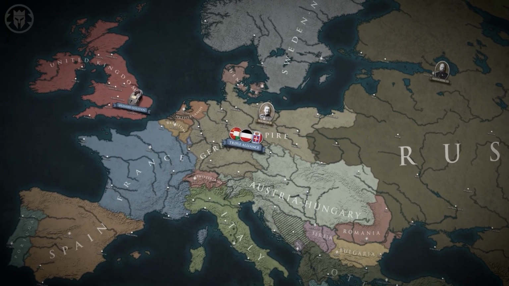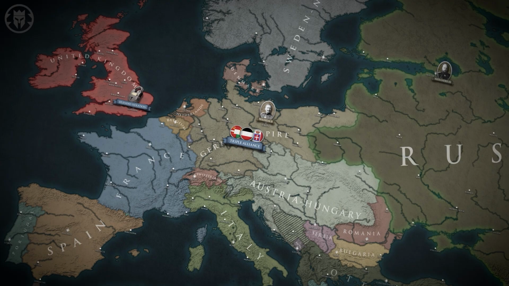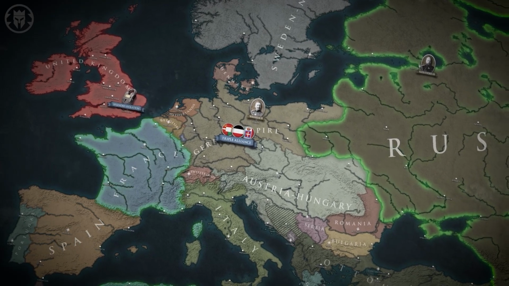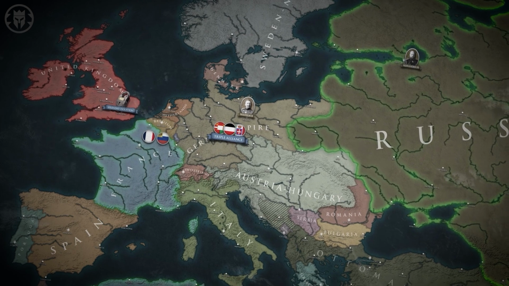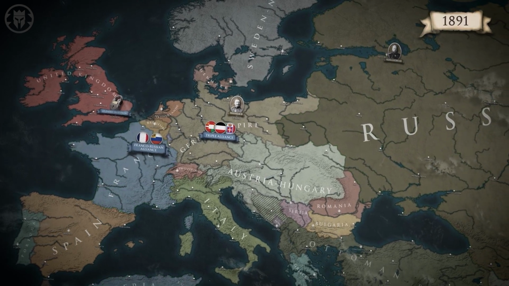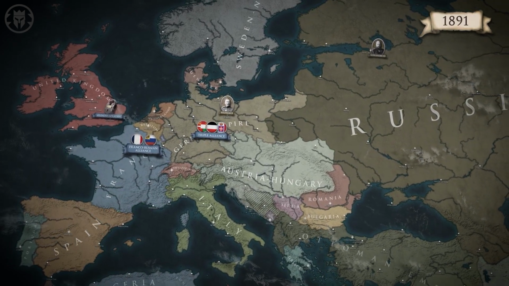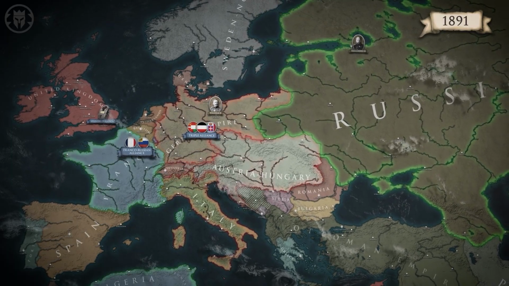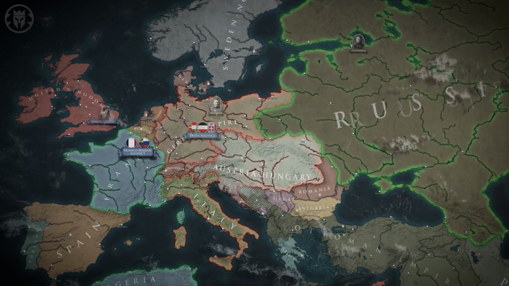Yet the rumor of Britain possibly joining the Triple Alliance concerned Russia, who began talks with France. The result was the Franco-Russian Alliance of 1891, an agreement that provided mutual military aid in the event of a German attack. Thus now there were two hostile blocs in Europe.